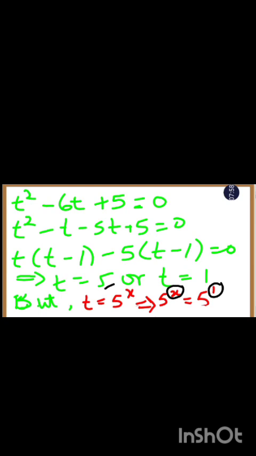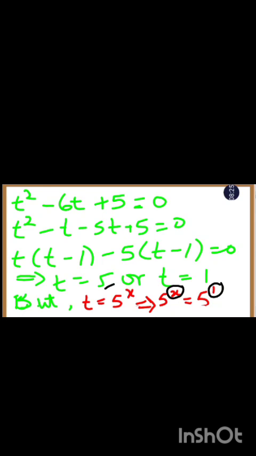But when you are at that stage, you have not solved the equation completely. That's why we say t is 5 raised to the power x. So for the main variable we are solving for, we go to 5, and 5 means 5 raised to the power 1.